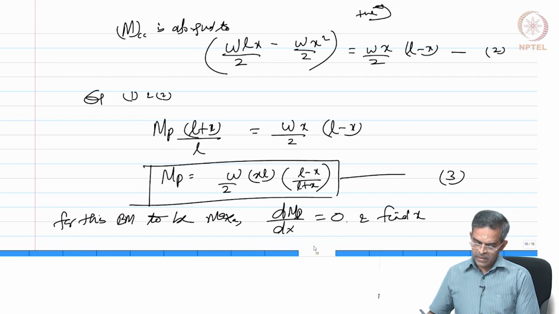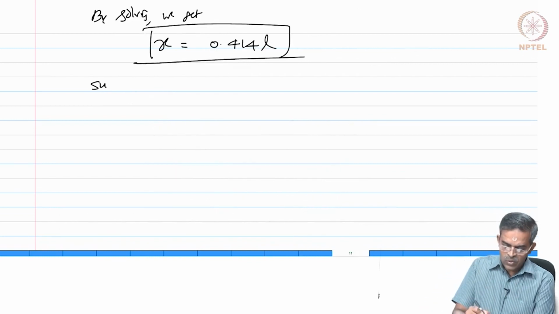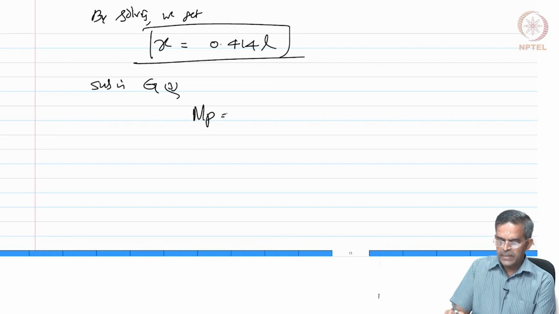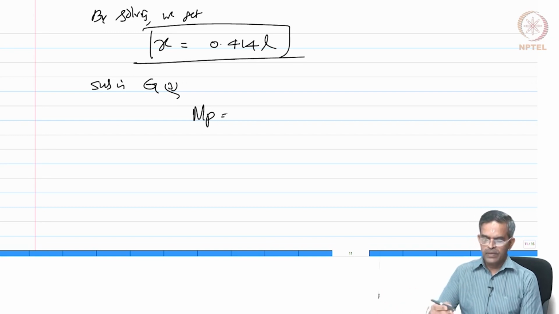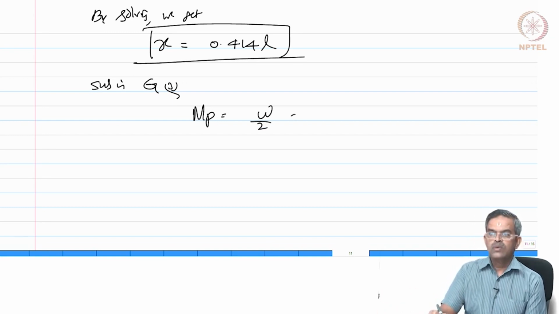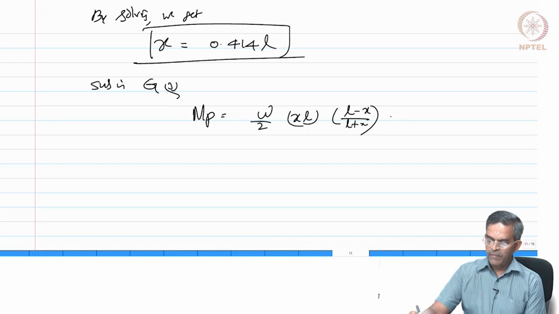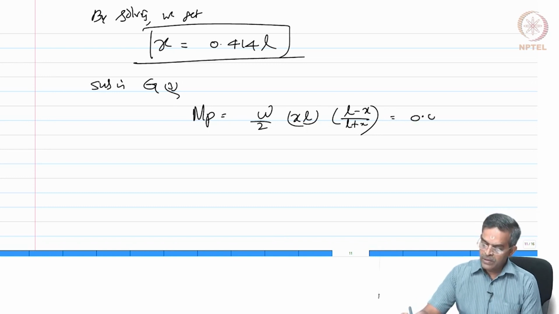Once I know X, let me find MP. So, substitute in equation 3, we get MP as W by 2 times X into (L minus X) by (L plus X), which will become 0.086 WL square.